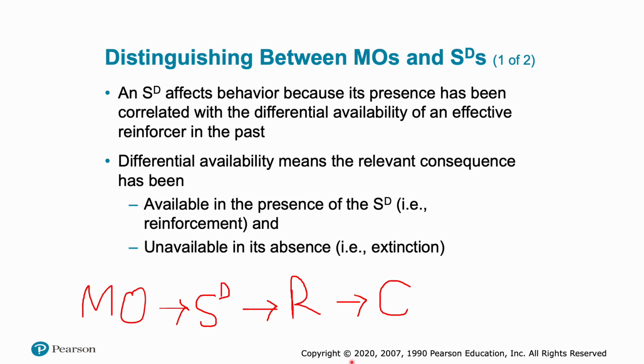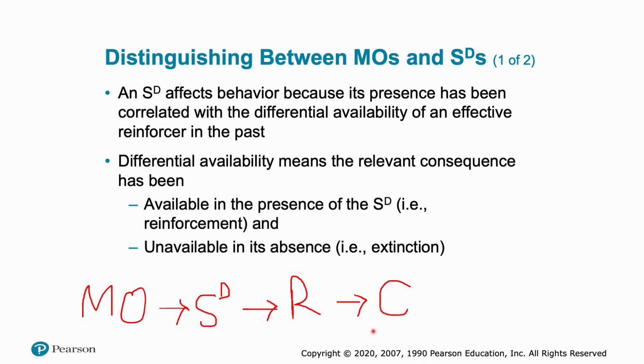Okay, so MOs and SDs are both antecedent variables, but the way that they affect behavior is different. SDs are operant variables that influence response frequency because of their relation to reinforcing or punishing consequences. So SDs in particular are correlated with the differential availability of an effective reinforcer in the past, meaning that an SD gains its control by being associated with reinforcement.